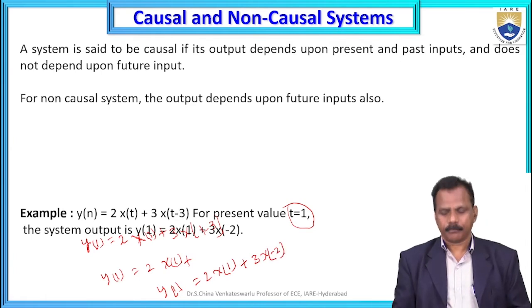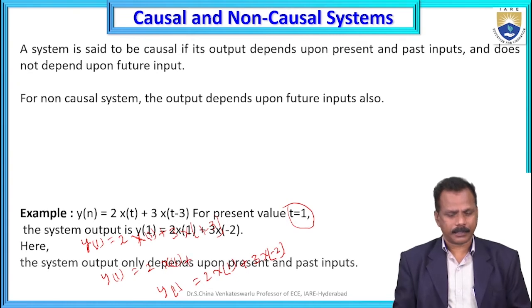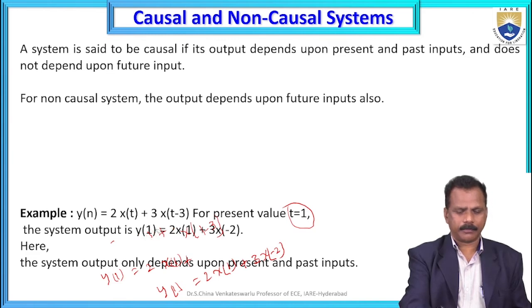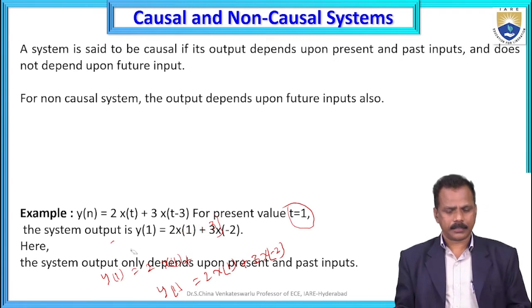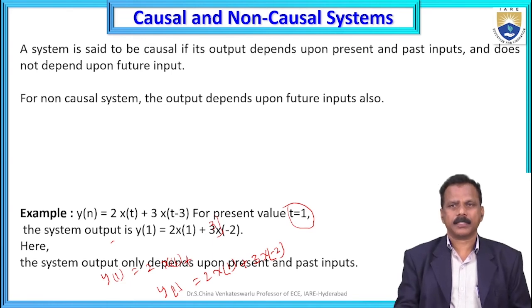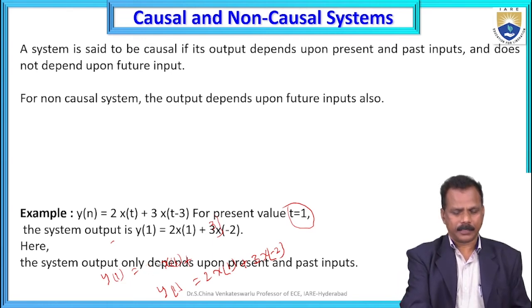Okay, so like this we can decide the factor. Hence the system output is y of 1, where t equal to 1 is substituted. So here the system output only depends upon the present and past inputs.